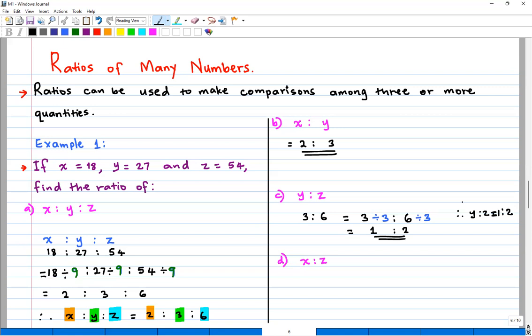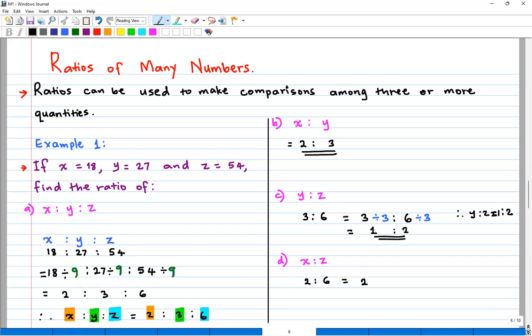Okay. Part D, we need to know the ratio x to z. Now, x is 2 and z is 6. Still you see that 2 to 6 is not in simplest form. So we have to go ahead and make it the simplest form. The common factor of 2 and 6 is 2.